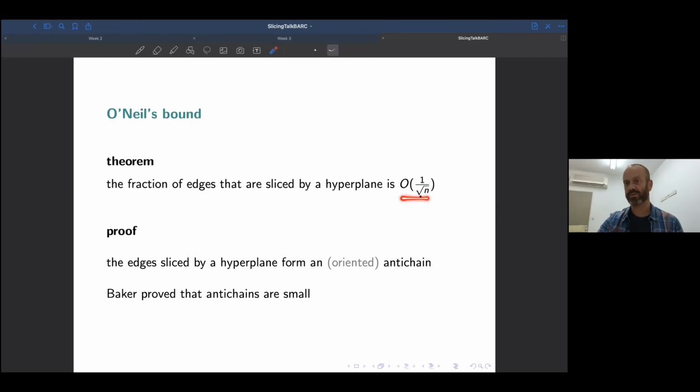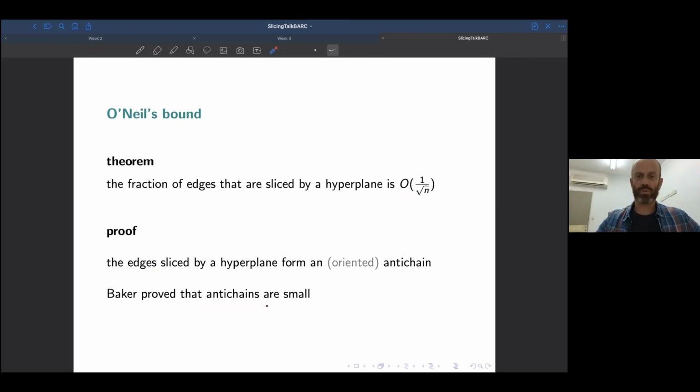It's at most this. This is a theorem of Baker. So this is how O'Neill's proof goes. First, he identifies that every hyperplane defines an antichain, and then he says antichains are small. This is it. This is O'Neill's proof.